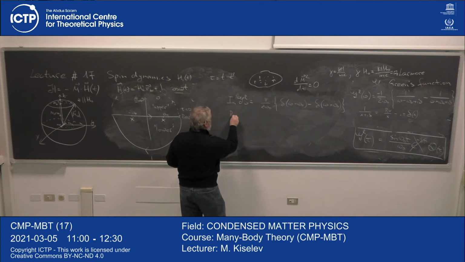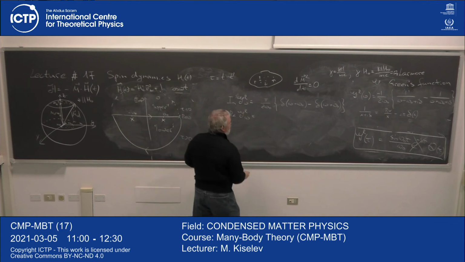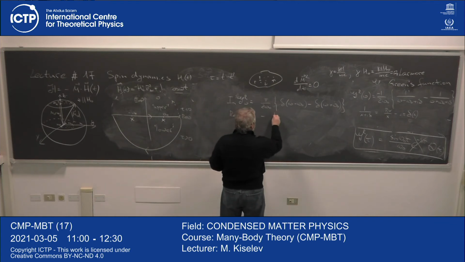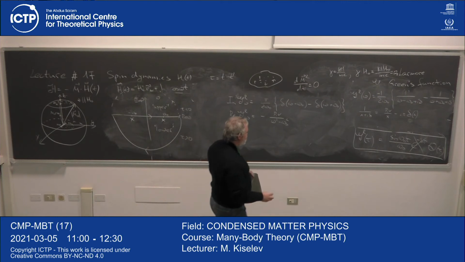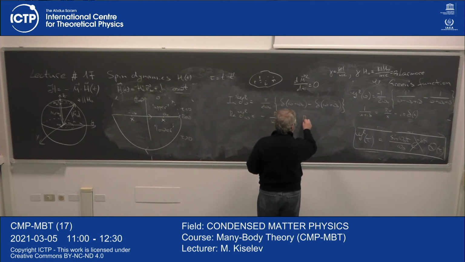And the real part of the retarded Green function is equal to minus the principal value of 1 over (omega squared minus omega naught squared).